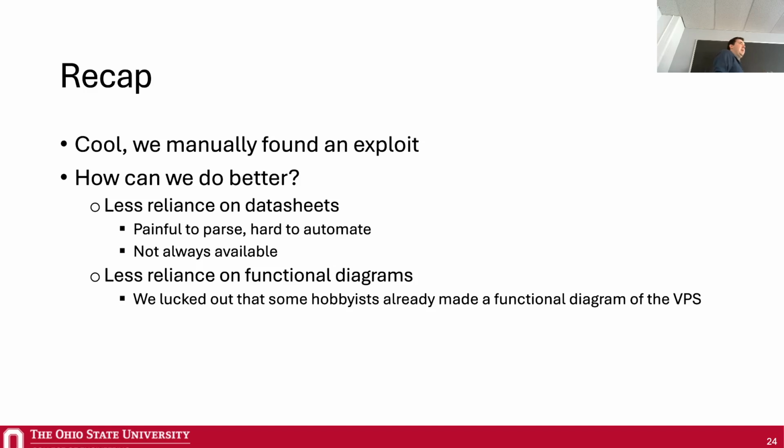So how could we do this better? For example, how could we build a system that's a little less reliant on data sheets and on that functional diagram of how the hardware components fit together that we kind of lucked out finding when we were searching the internet and the hacker communities.